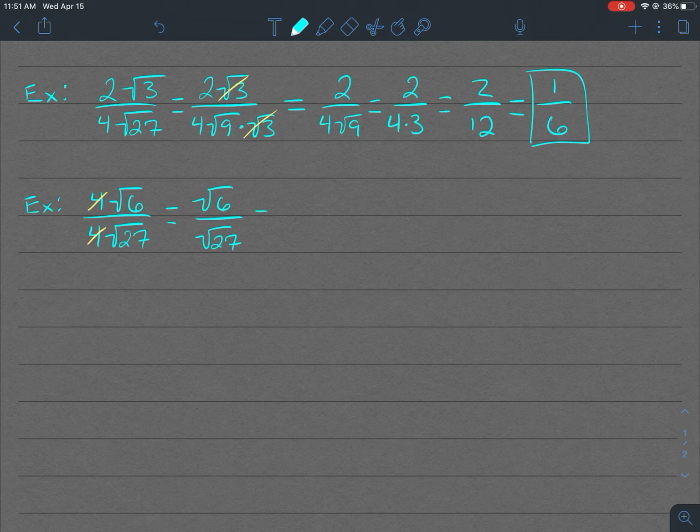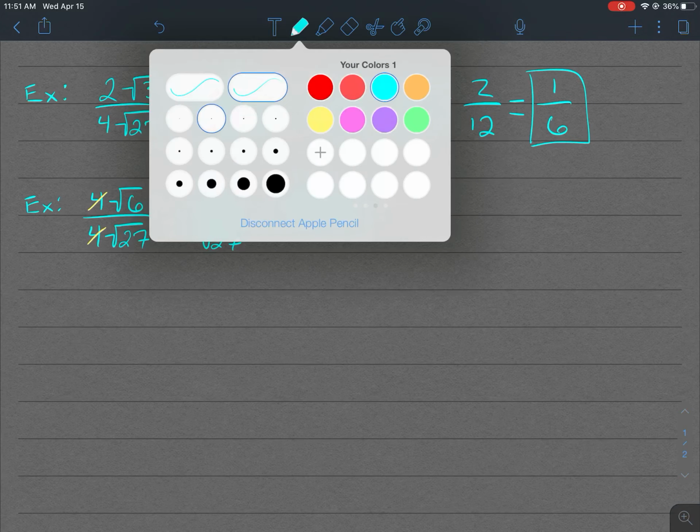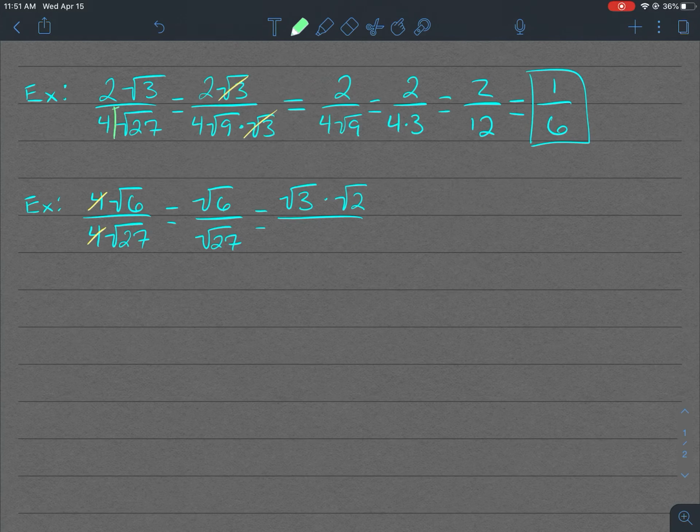Well, the square root of 6 can be broken up into the square root of 3 times the square root of 2. And on the bottom, the square root of 27, just like we did in the previous problem, was the square root of 9 times the square root of 3.